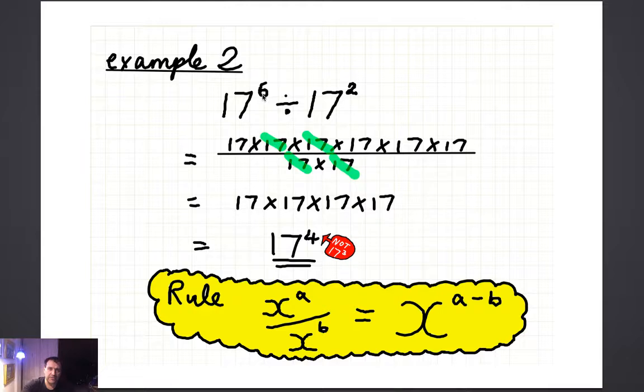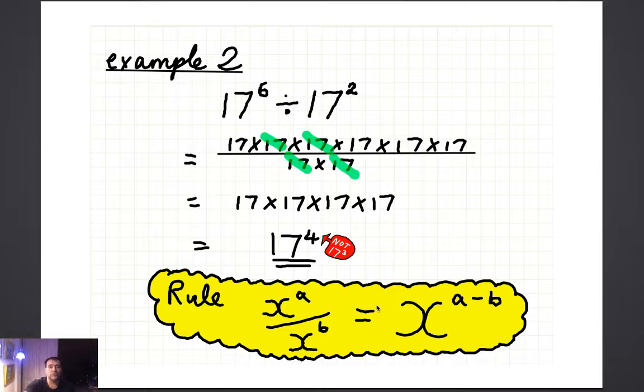So 17 to the power of 6 divided by 17 to the power of 2 is 17 to the power of 4. And we can see it's 4 because it's 6 minus 2, because we had 6 17s at the top of the fraction, which cancelled with 2 that were at the bottom of the fraction.